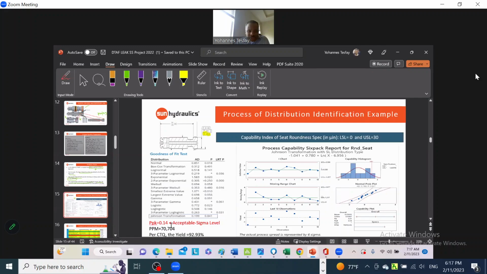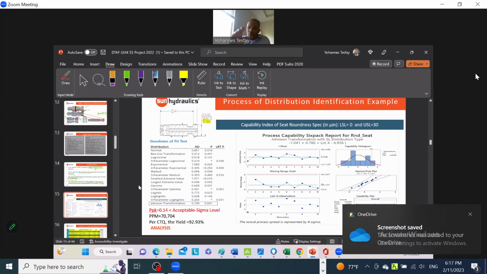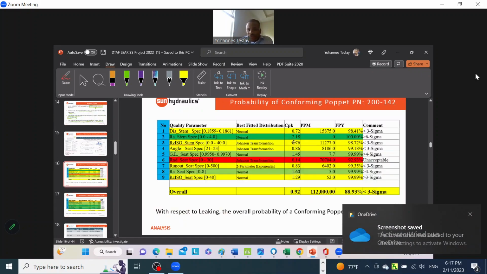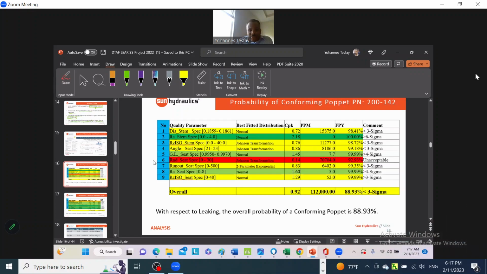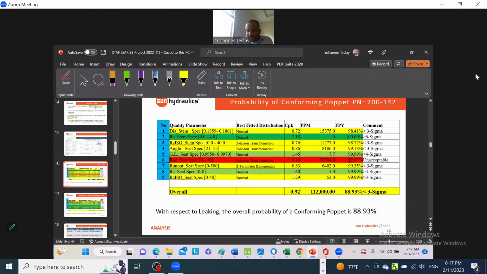That means if this is the case, our yield is only 92%. Then we do the same thing for all of the parameters. We found roundness on the seat spec is unacceptable, but others are yellow and green.